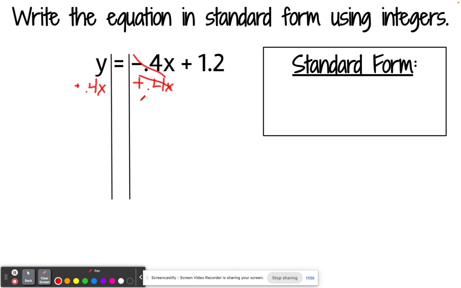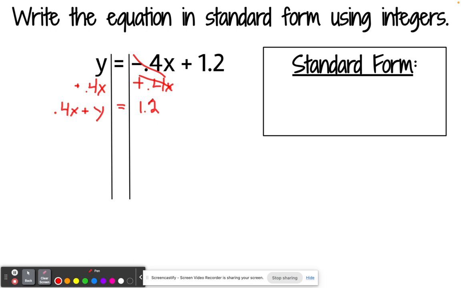I'm left with 1.2 on this side. And on the left side, I have 0.4x plus y equals 1.2.